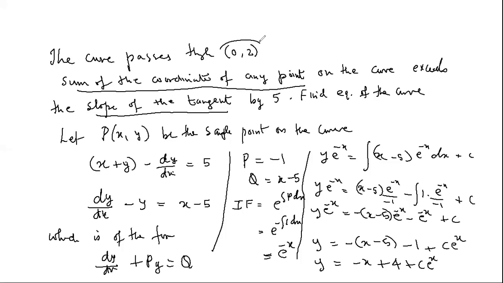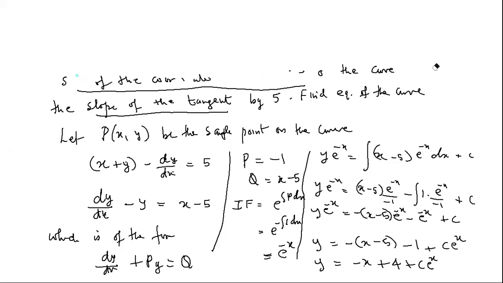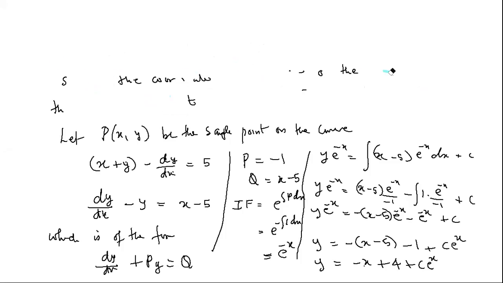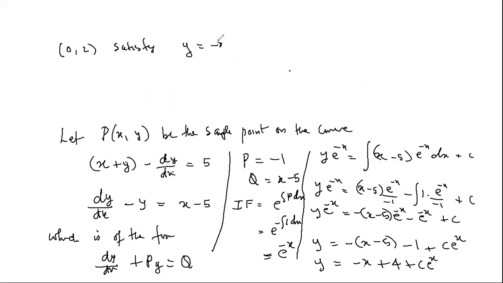Now the point on it is 0, 2. 0, 2 should satisfy this equation. So let's do that. y is equal to minus x plus 4 plus c e raised to x.